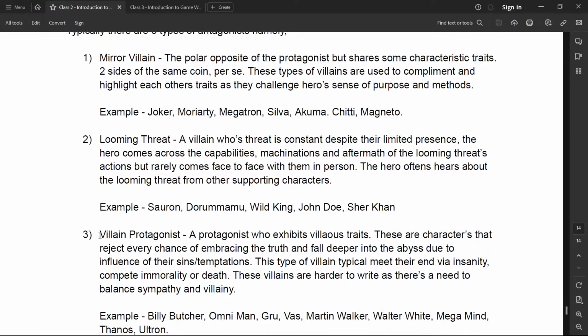The villain protagonist, the final type, is one who is very, very bad. No matter what, he is just villainous. He doesn't want to embrace the truth and falls deeper into the abyss. Most of these villains are basically insane villains.